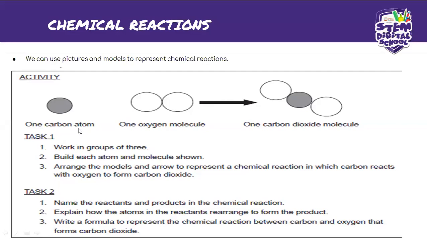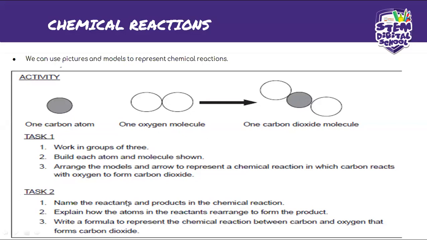We have one carbon atom and one oxygen molecule, giving one carbon dioxide molecule. The question in task two says: name the reactants and products in the chemical reaction. We are using these models to represent the chemical reaction.